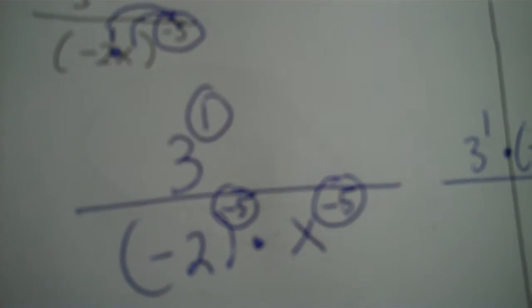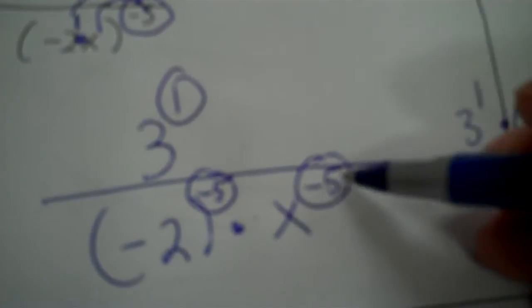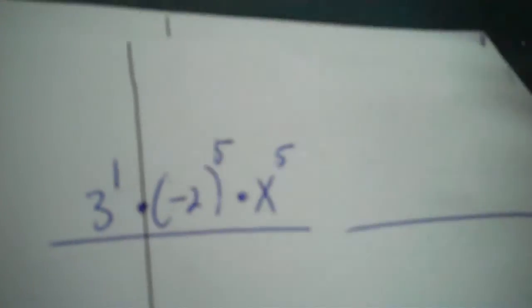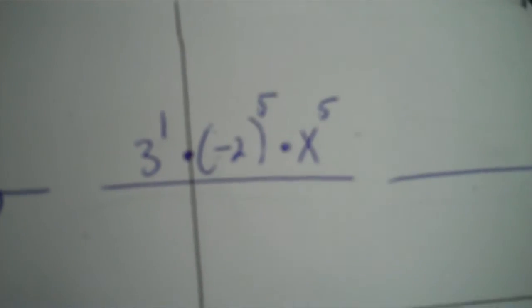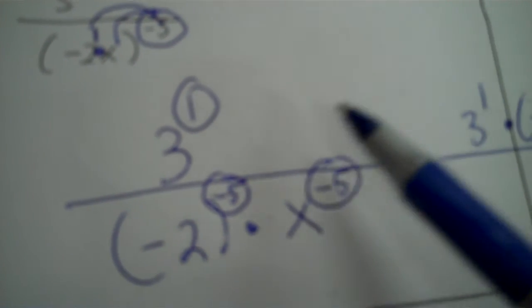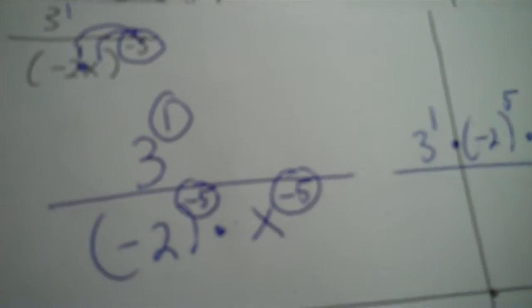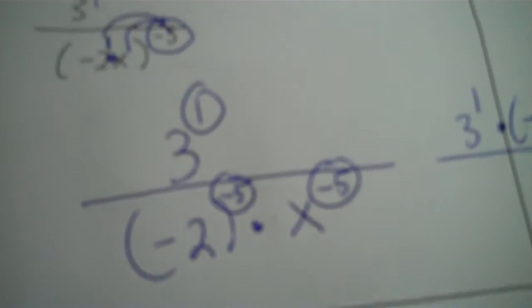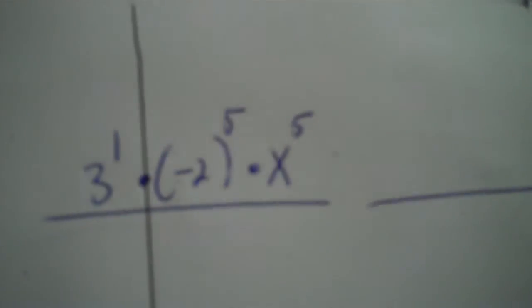Now, the x has a negative exponent, so it has to be reciprocated. That means move it to the other side. The opposite of bottom is the top, and then it becomes 5. Okay? Now, we're good. So that's why those negative exponents have to be reciprocated. Move them to the side that they're not. They've got to switch positions, so we can rewrite them as positives.